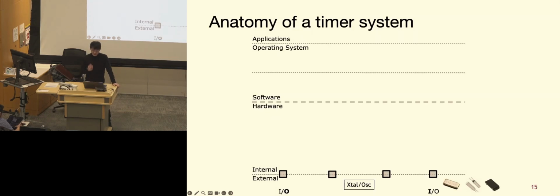So we have some crystals there. Basically, it's the external physical world. It's very hard to put good crystals onto the silicon directly at the moment, or at least not in cost-effective ways. So typically most of these clocks or timers are still attached as individual, external components on the board.